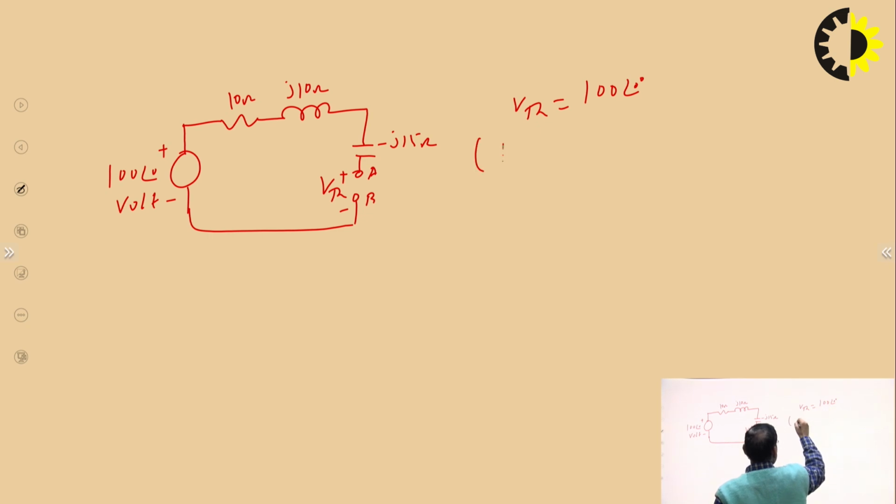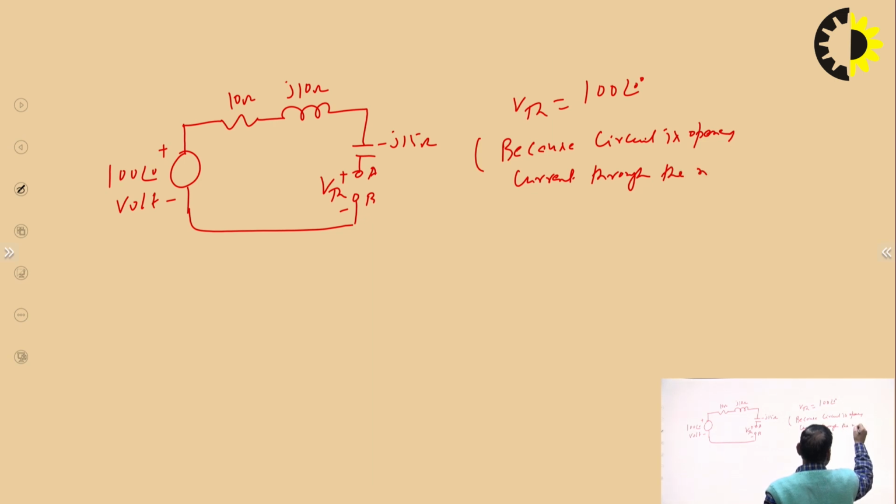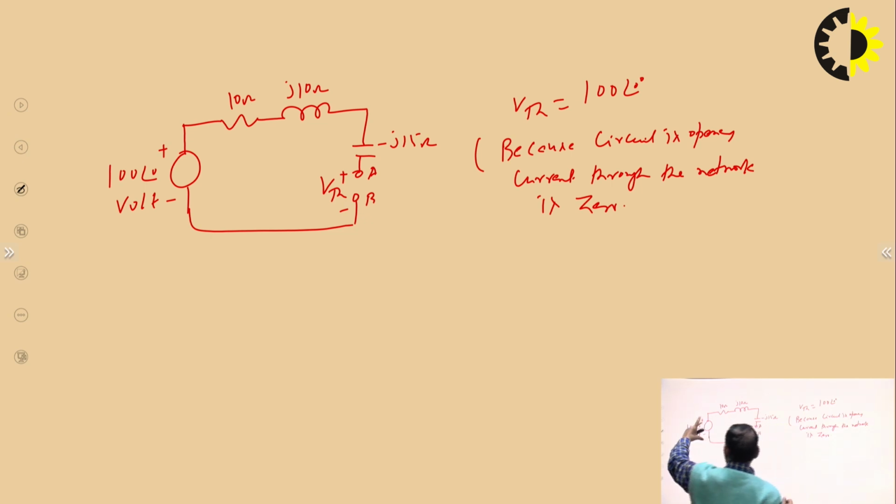Why? Because the circuit is open, the current through the network is 0, so no drop. The same voltage appears across AB.